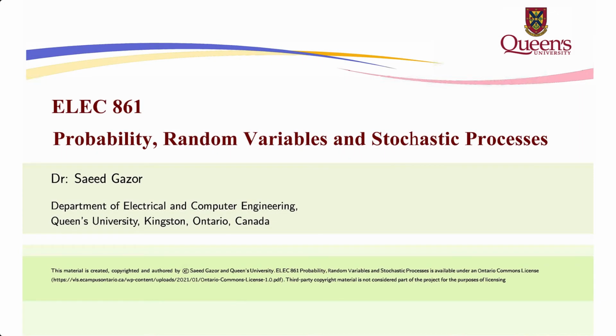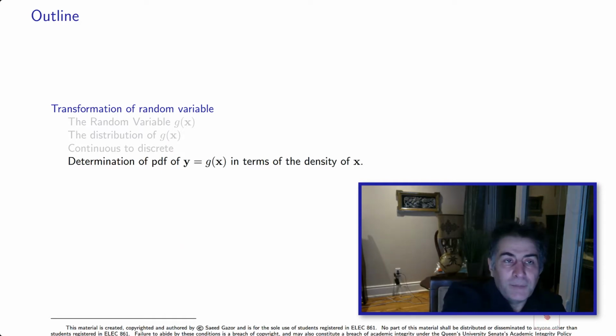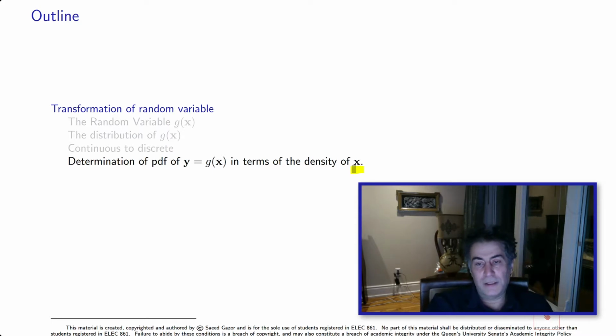In this video, we aim to learn how to find the probability density function of a random variable, provided that the distribution of the input is given. In other words, I assume that a random variable x is given with a provided density function.